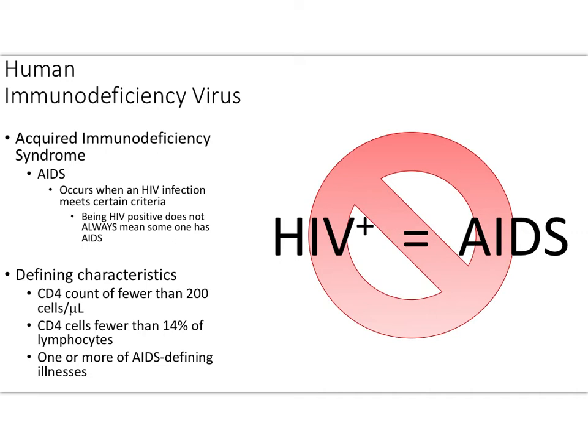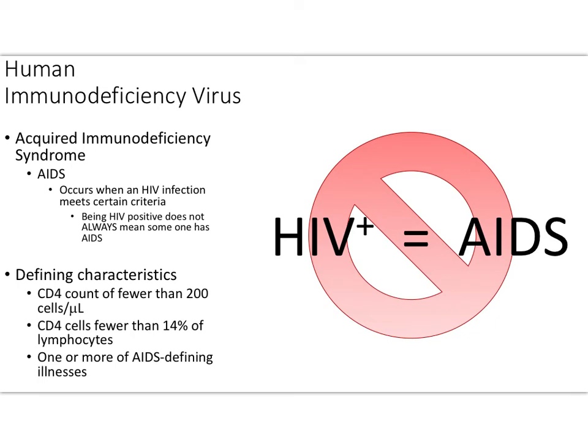So again, this is just another recap of the information on this slide because, again, what I've noticed over the years is so many people have gotten incomplete, incorrect, or just straight out bad information about this virus. If someone is HIV positive, it means they are carrying the virus in the body.